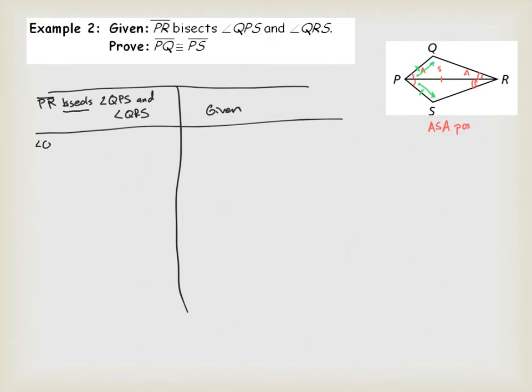So I have angle QPR is congruent to angle SPR, and angle QRP, oops, it's a bad R, is congruent to angle SRP. And that is because of the definition of angle bisectors.